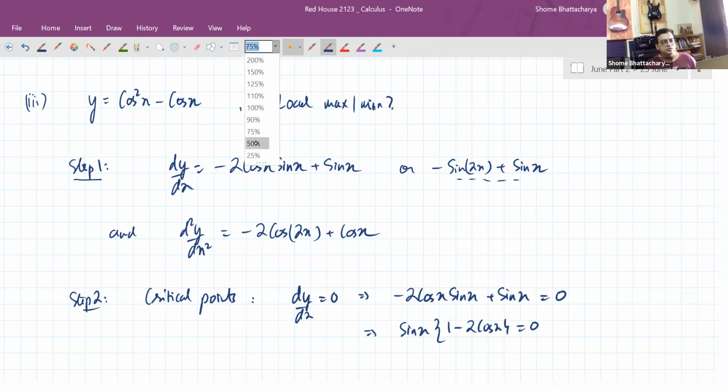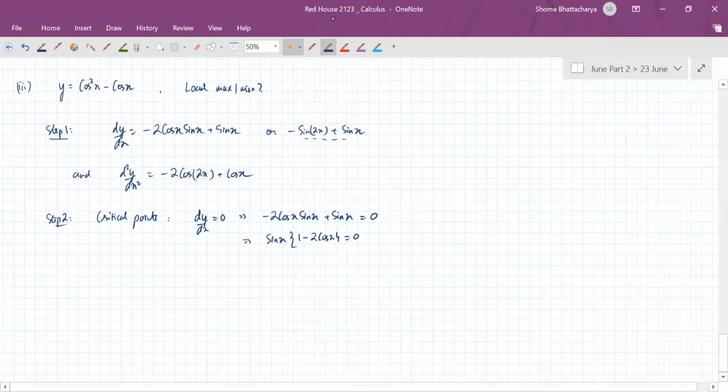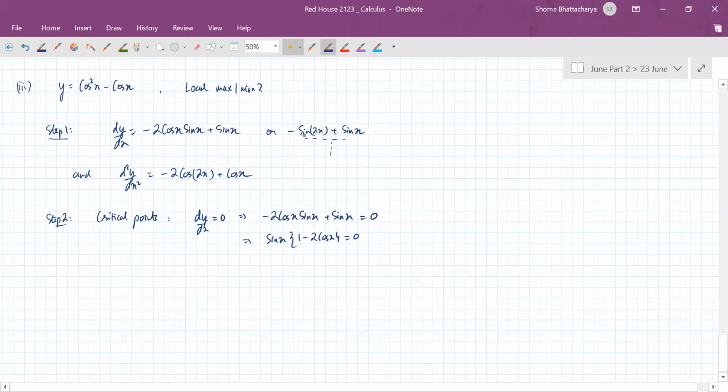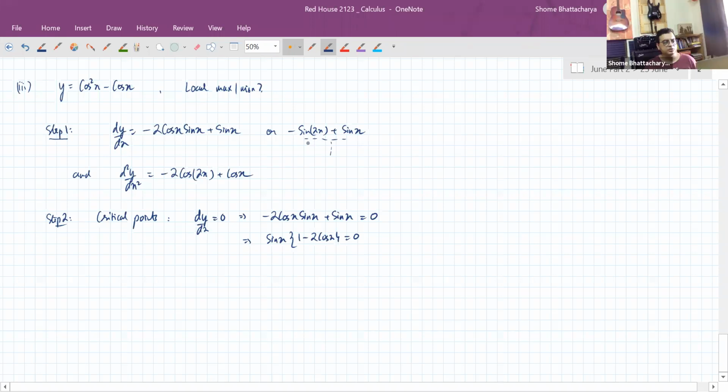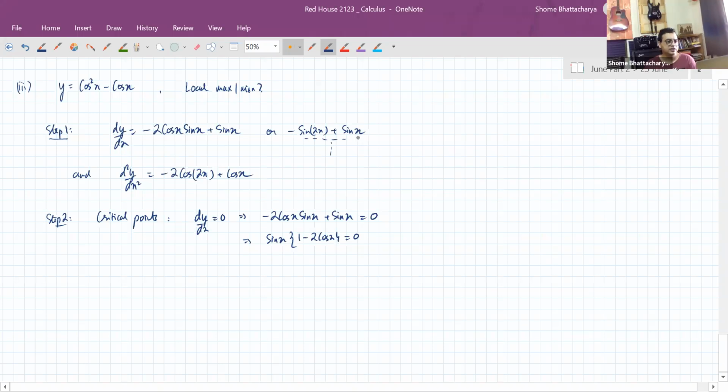So in d2y upon dx square, we will have only minus cos 2x plus cos x. Differentiate this term now. So the derivative of minus sin 2x will be what? Minus cos 2x into the differentiation of 2x, which is 2. Understood? So instead of using the product rule for this, now I have differentiated this. This is equivalent to this, right?